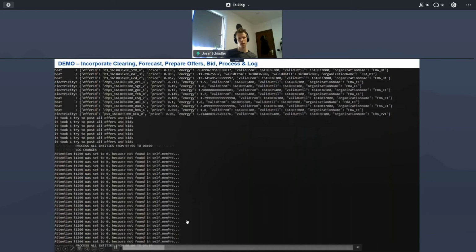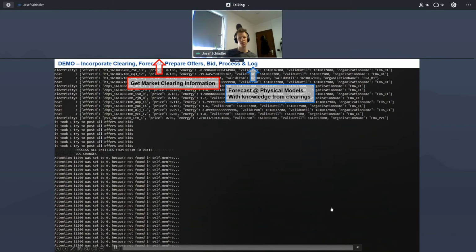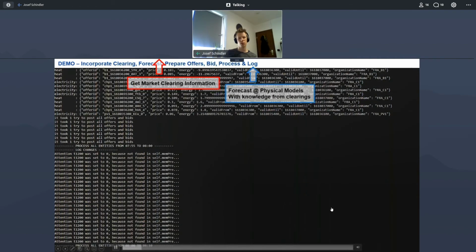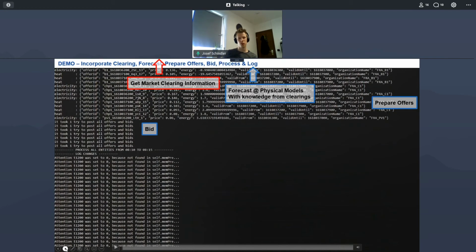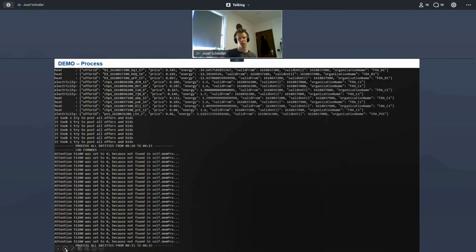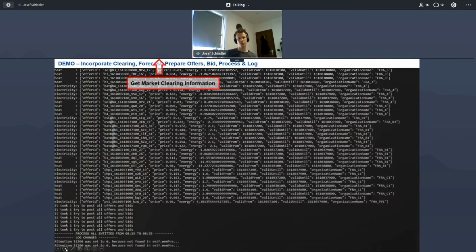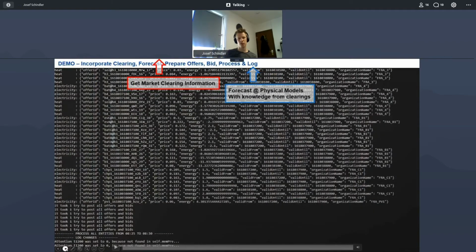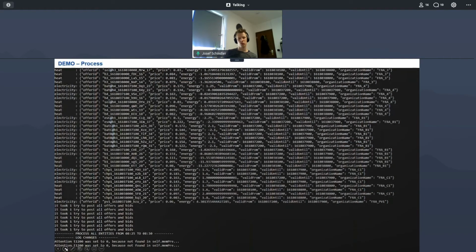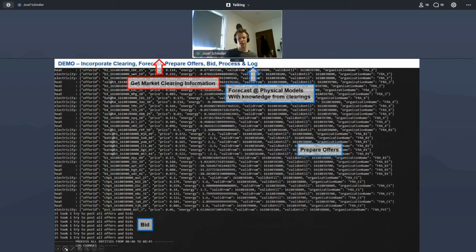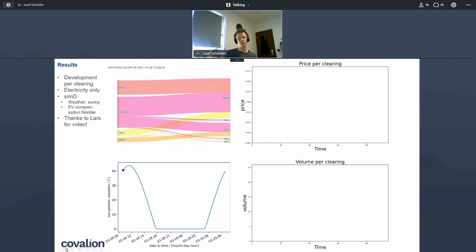Again clearing, forecasting, and so on. Bidding, processing, logging, and so on. Always the same. This takes place every 15 minutes.